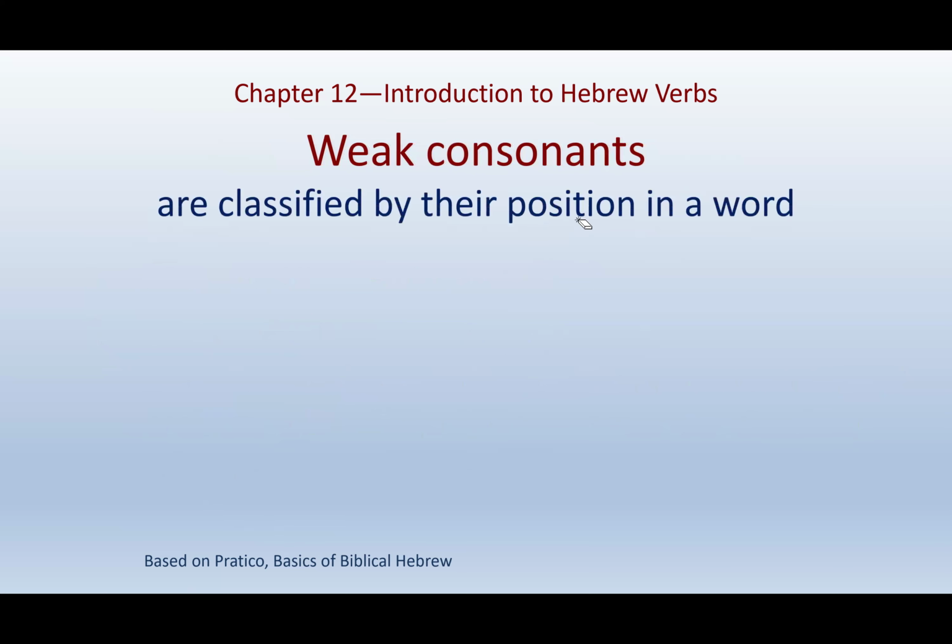Weak consonants are classified by their position in a word. For instance, we see that ayin. First of all, that's the qal form. How do we know it's qal? Because we have this vowel combination here. You don't have to memorize that. I'm just getting you used to thinking about it. And so when we're looking at the root of that, if you took the vowels out, that's the root right there: ayin, mem, dalet.